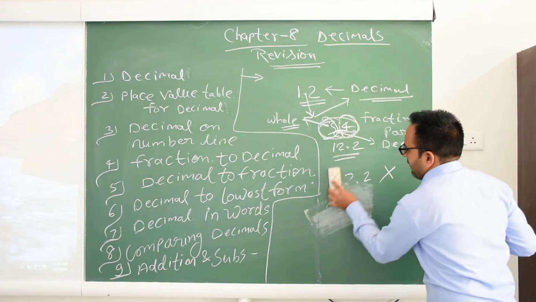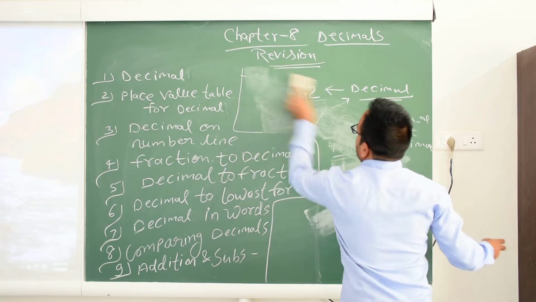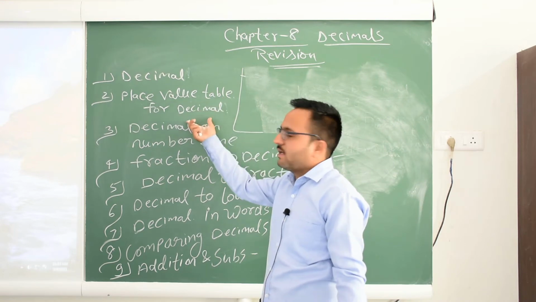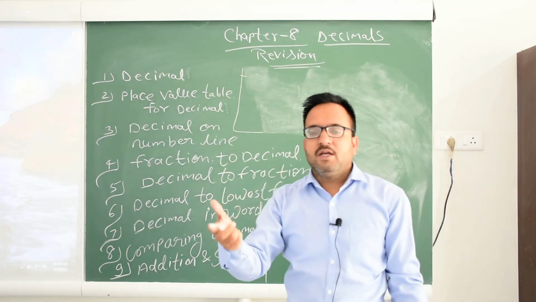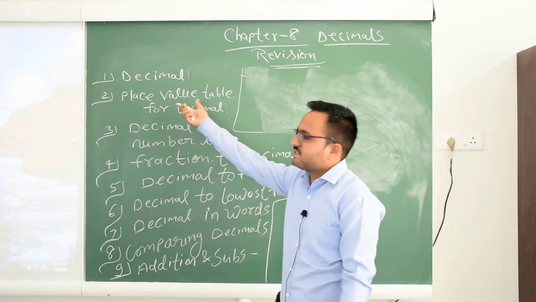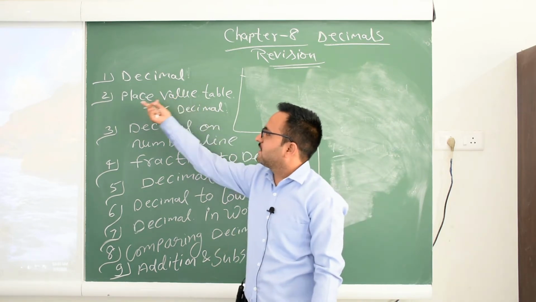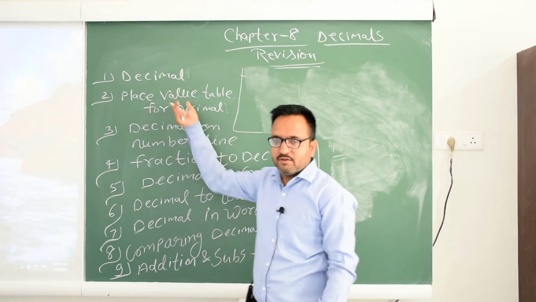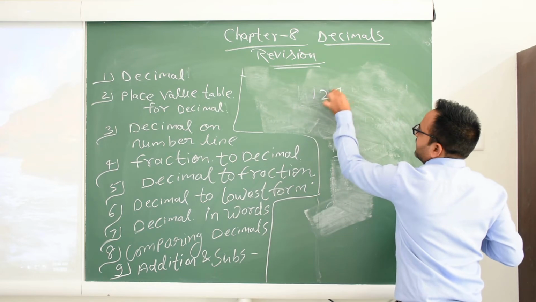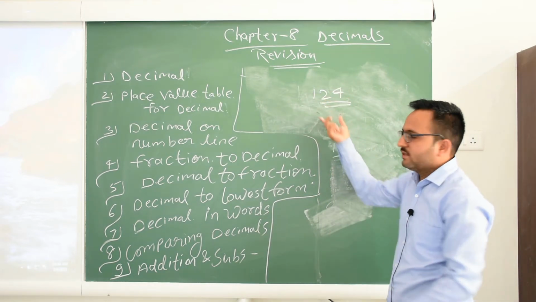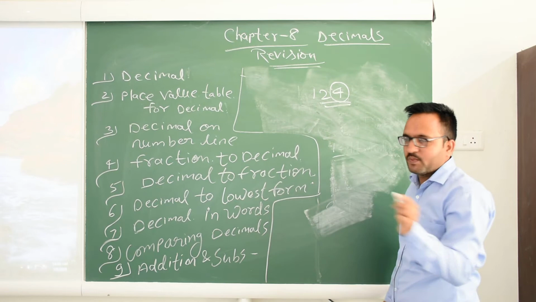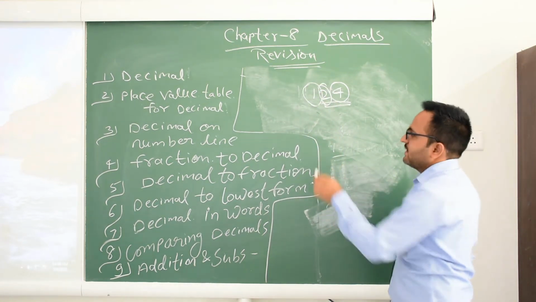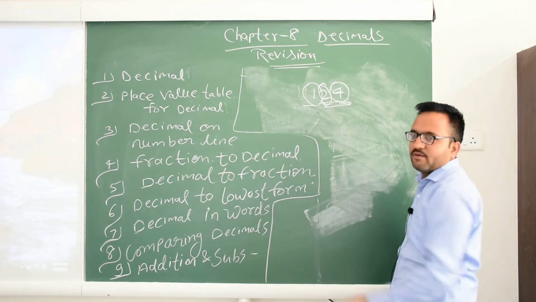Now your second topic is the place value of a decimal number. In the previous class we already learned what place value is: the place of a particular digit. Like 124. That means 4 is at the ones place, 2 is at the tens place, and 1 is at the hundreds place.